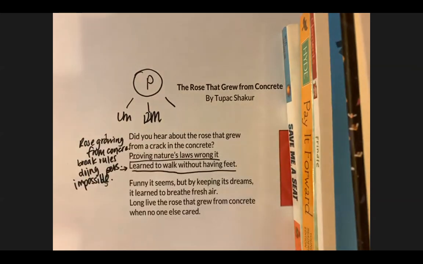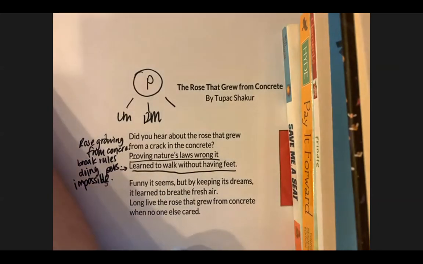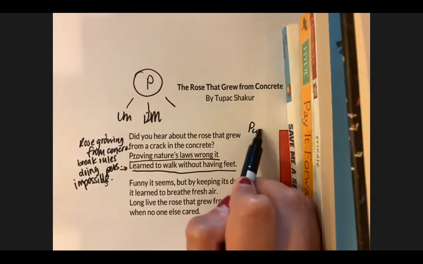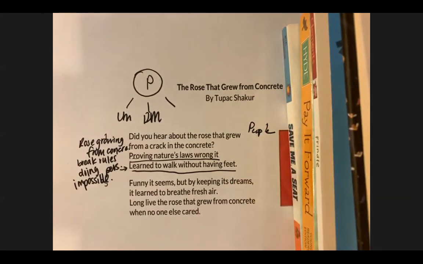So on a deeper level, put one finger up if you think this poem's about nature, two fingers up if you think this poem is about an experience, like a person's experience. All right, great. I see a lot of twos. This is an experience poem. So what can we learn as people from this section?